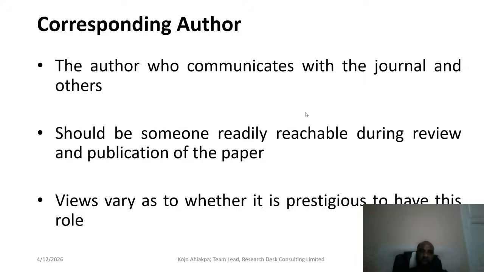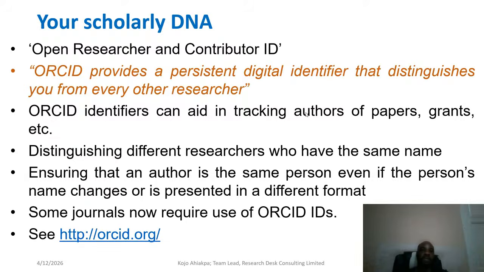Now, there's what we call your scholarly or academic DNA. In fact, that is your identity, what you call your Open Researcher and Contributor ID, what we call the ORCID. This provides a persistent digital identifier that distinguishes you from other researchers globally.